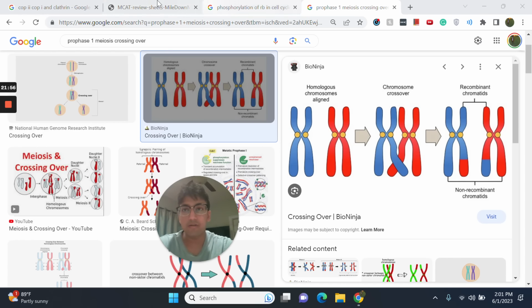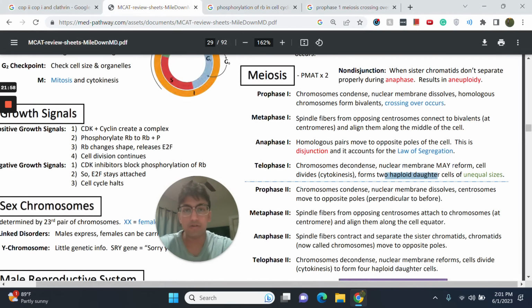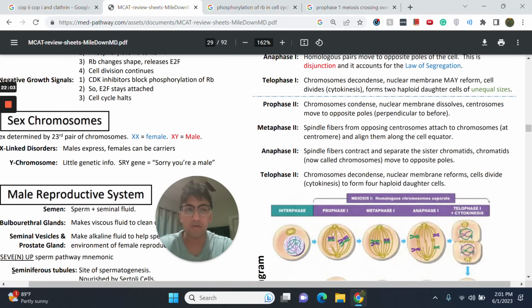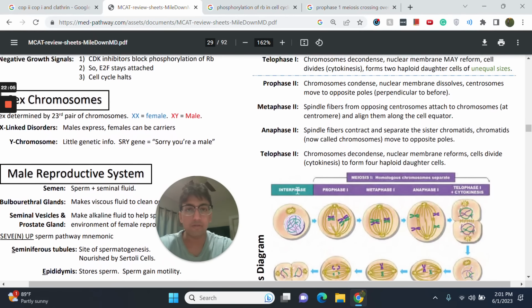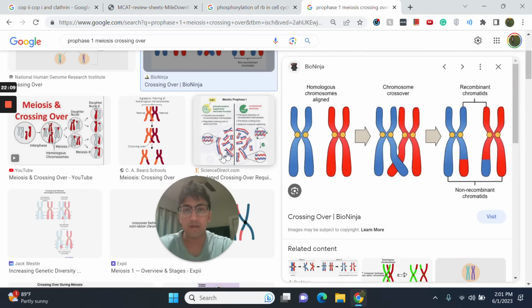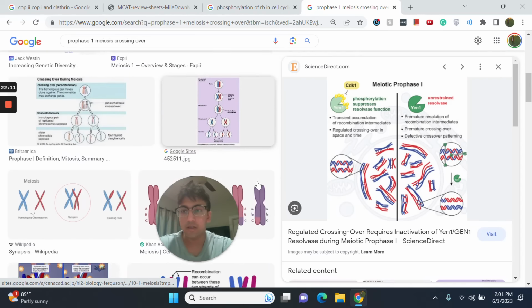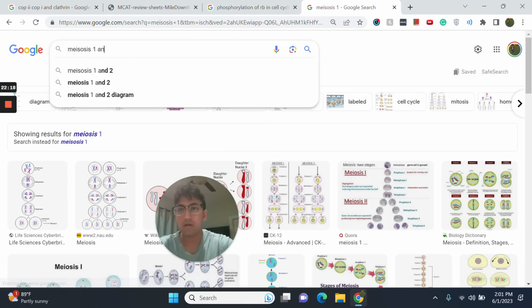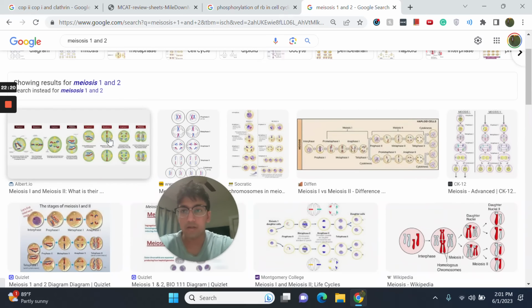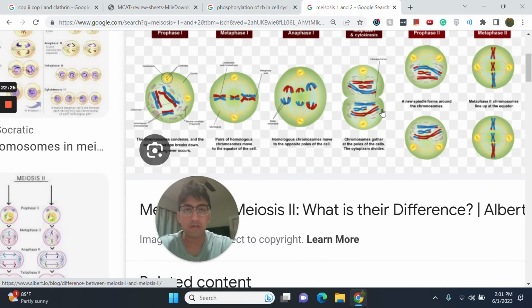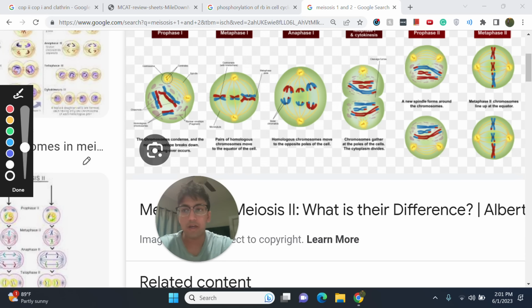Okay, now we got to the easy part, which is meiosis 2. And meiosis 2 is so similar to mitosis. Some people say it's almost identical, which is very, very good for us because it's very easy to understand now. So we've split apart these chromosomes in meiosis 1, and now we're here.